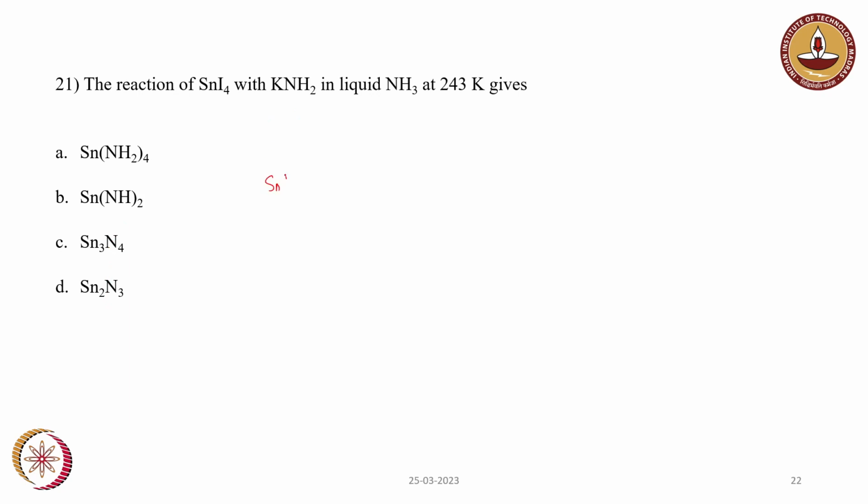So SnI4 plus KNH2 at 243 Kelvin in liquid ammonia gives Sn3N4. So option C is the answer.